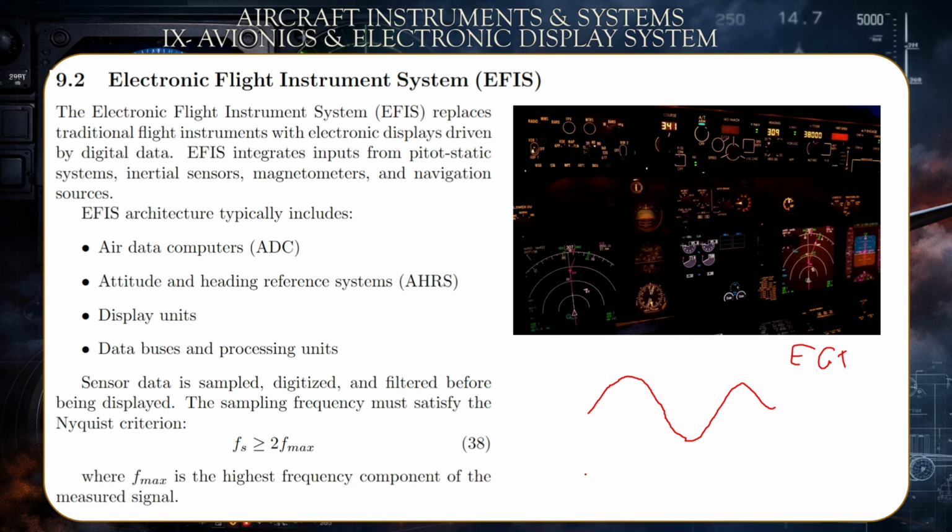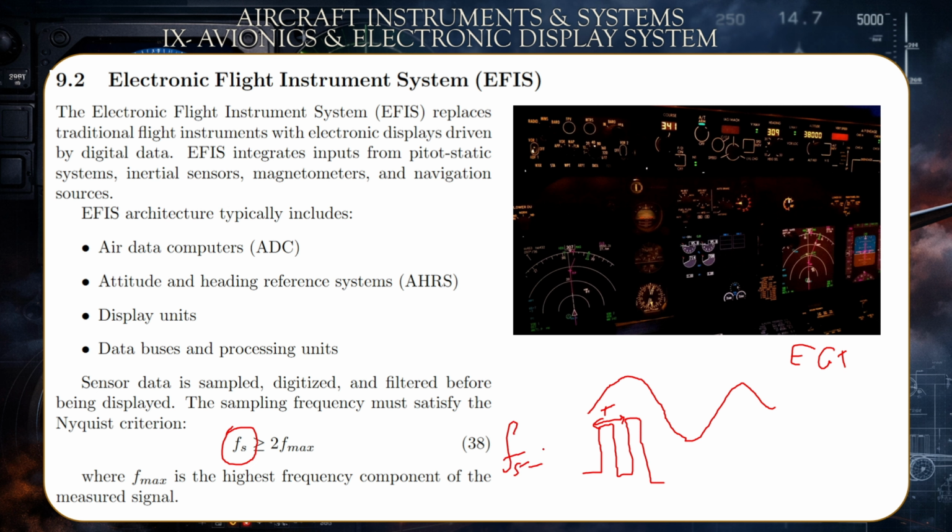How to break it down? I run a sampling frequency. This is the Nyquist frequency of the sampler we're talking about, which is the inverse of the period of that sampling signal.